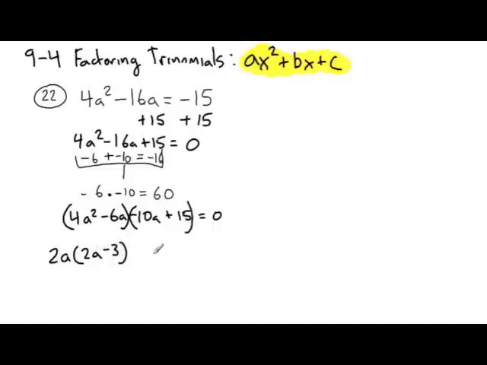Over here we have negative 10a and 15. We know that they share a 5. So that leaves me with negative 2a plus 3. And don't forget that that equals 0. So, as we saw last time, the 2a minus 3 almost matches with the negative 2a plus 3. However, they're backwards.